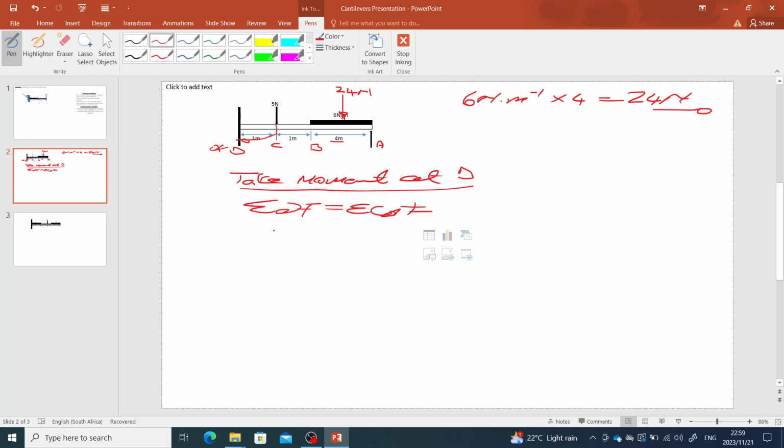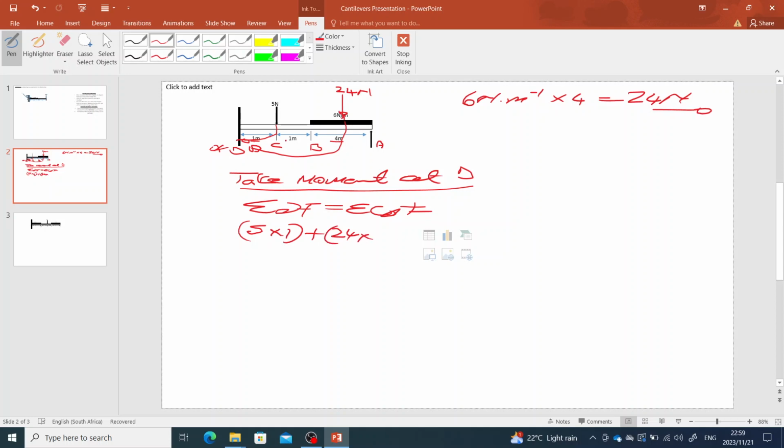It is clockwise. Then I'm having 5 multiplied by perpendicular distance, and the perpendicular distance is 1. Plus, I'm having 24. If I were to move towards where I've taken moment, you can tell the direction of that force, it is clockwise. Then it will be 24 multiplied by perpendicular distance.